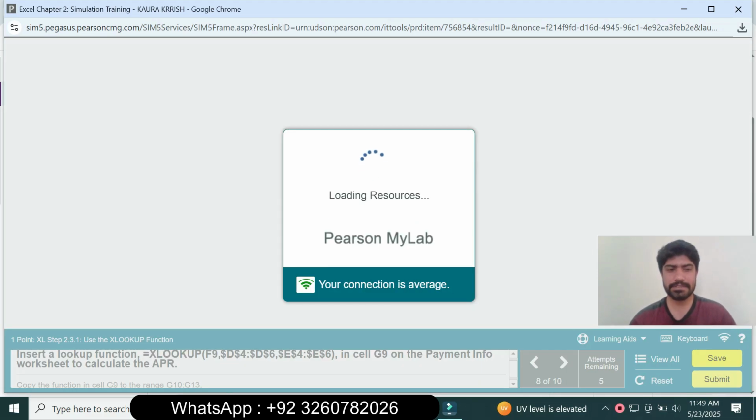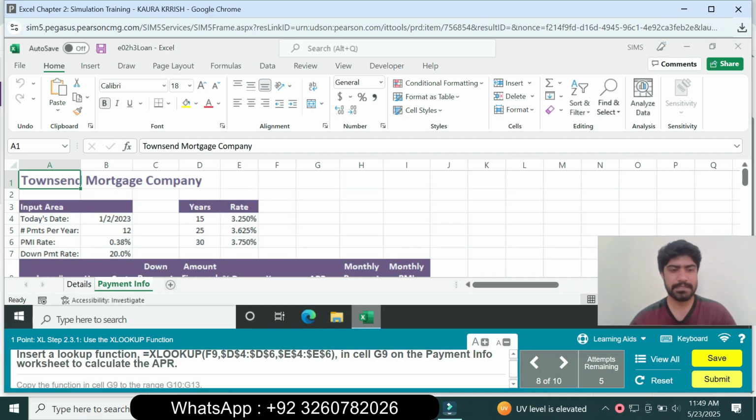So question number 8 is: insert the lookup function XLOOKUP in cell G9 on the Payment Info worksheet to calculate the APR.